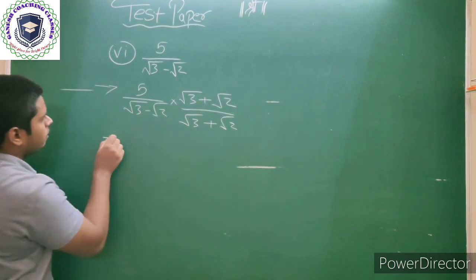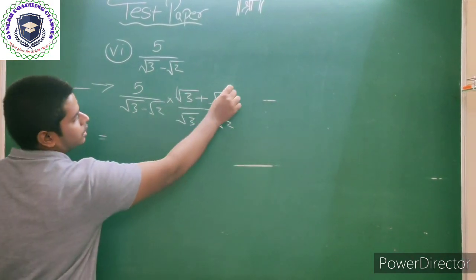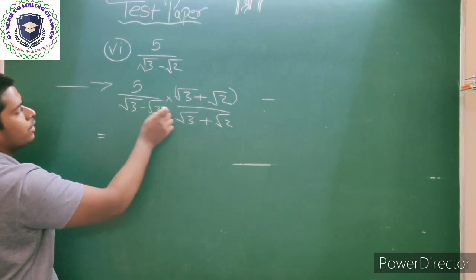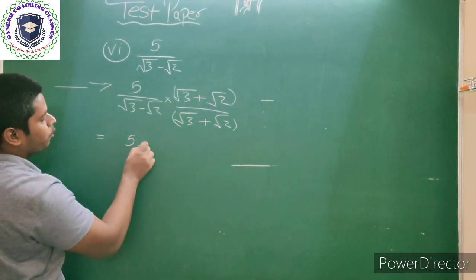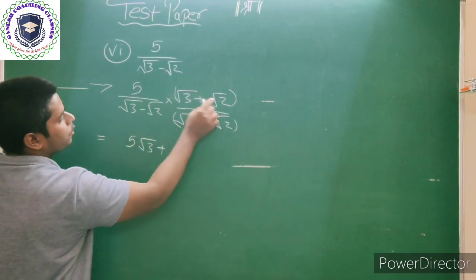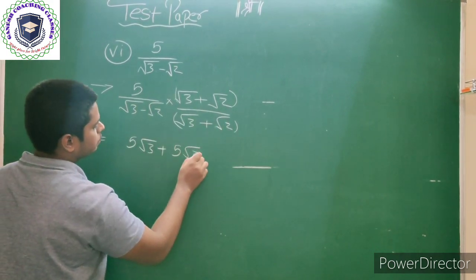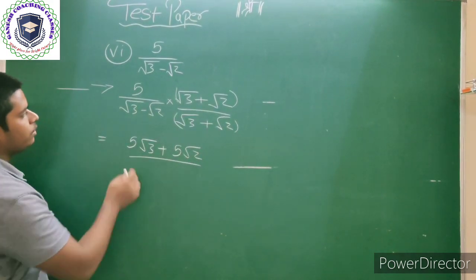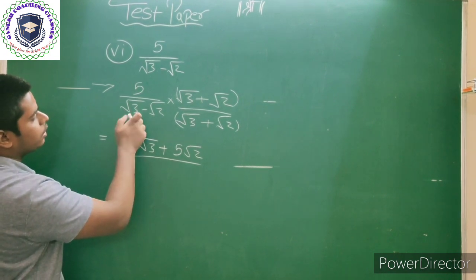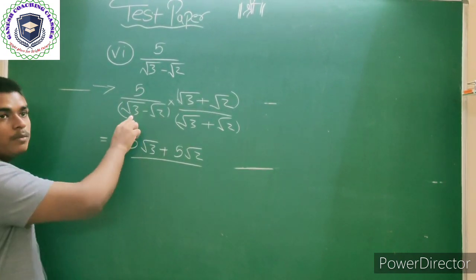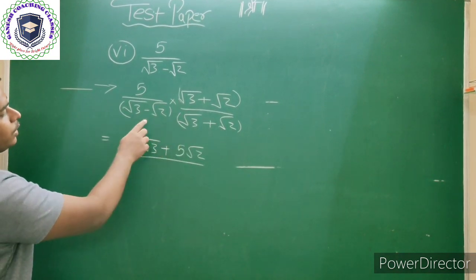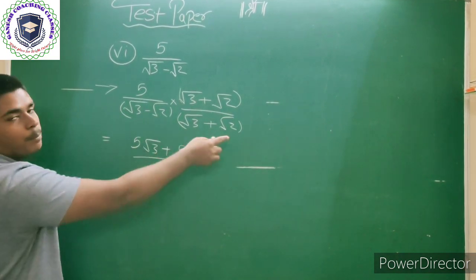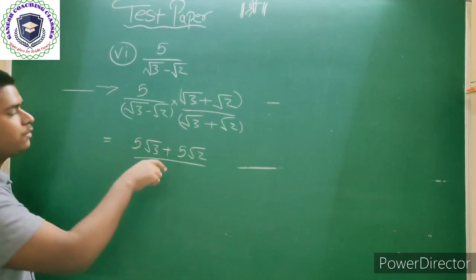Okay, when 5 will multiply to this whole bracket, so here we are getting 5 into root 3, 5 root 3, plus 5 into root 2, 5 root 2. And in the denominator, when we are assuming root 3 as a and root 2 as b, so here we are getting (a minus b)(a plus b), a square minus b square.